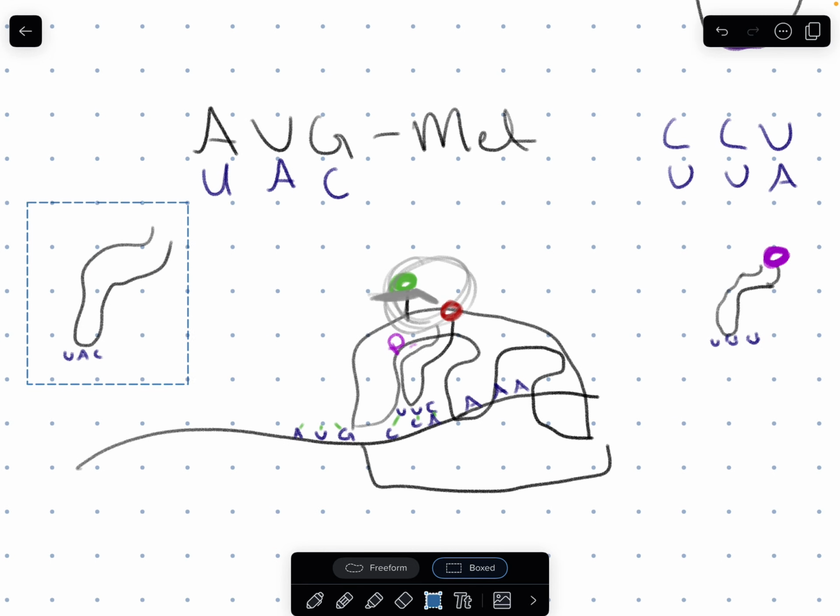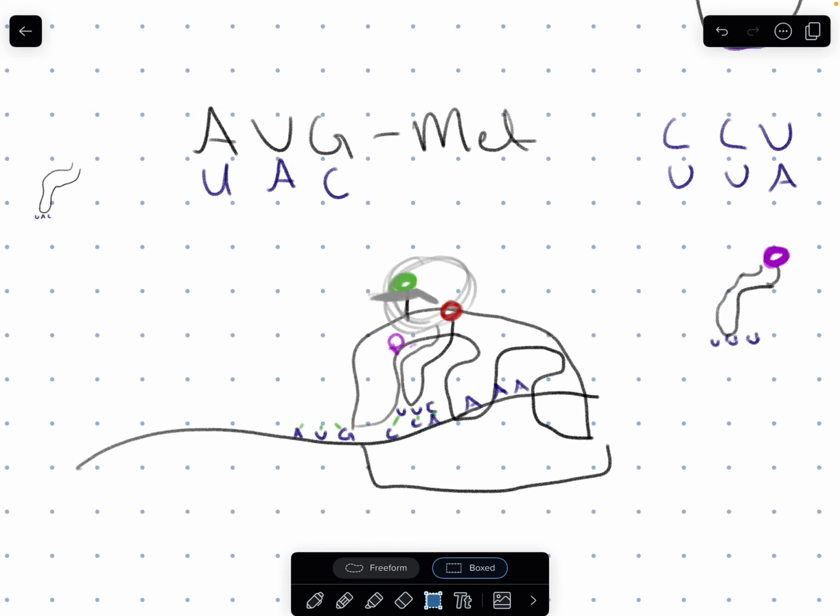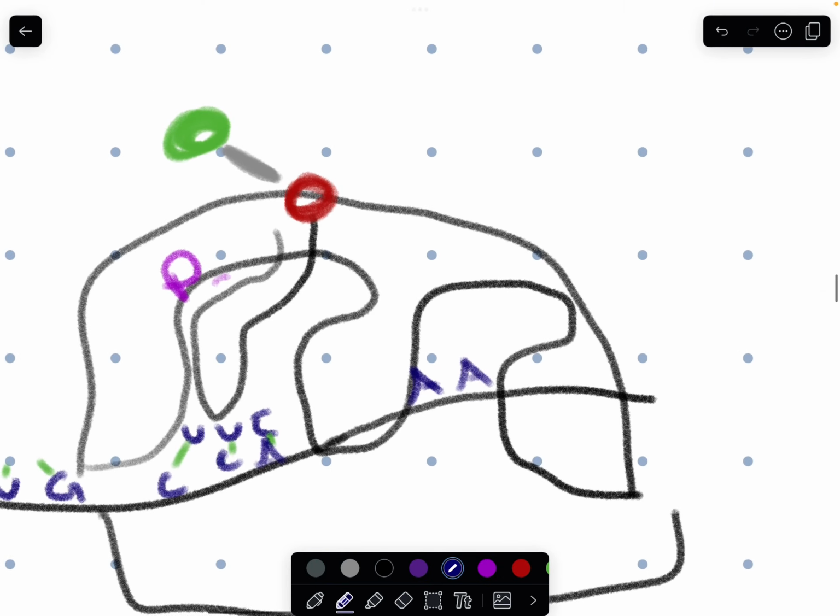But for now, it is in its uncharged state. So we'll just set that off to the side there. And what we have here now is these two amino acids that have started to form a polypeptide chain, which is a chain of multiple amino acids. And we have 2 now, so that's multiple. And now we have this chain, well, this codon now of AAA.